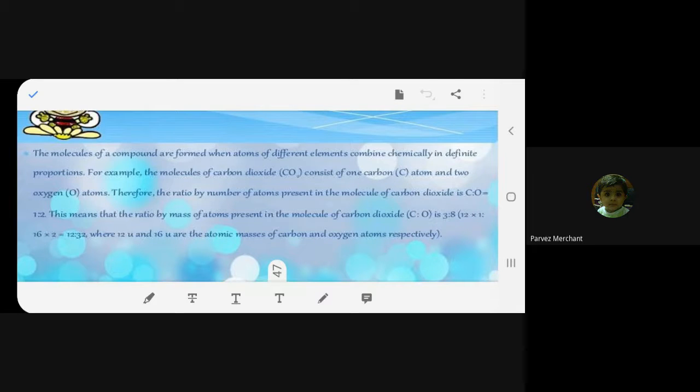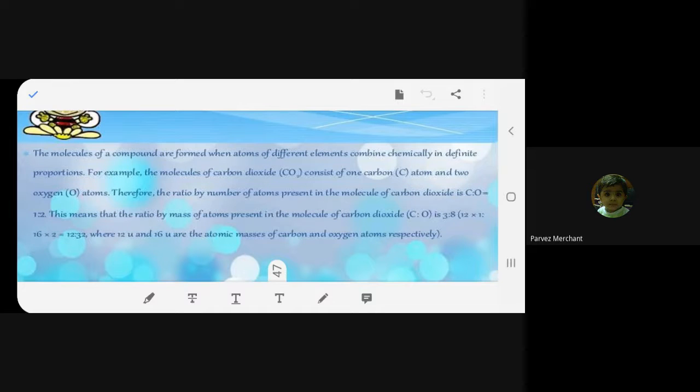Molecules of compound. The molecules of a compound are found when atoms of different elements combine chemically in definite proportions. For example, the molecules of carbon dioxide (CO2) consist of one carbon (C) atom and two oxygen (O) atoms.